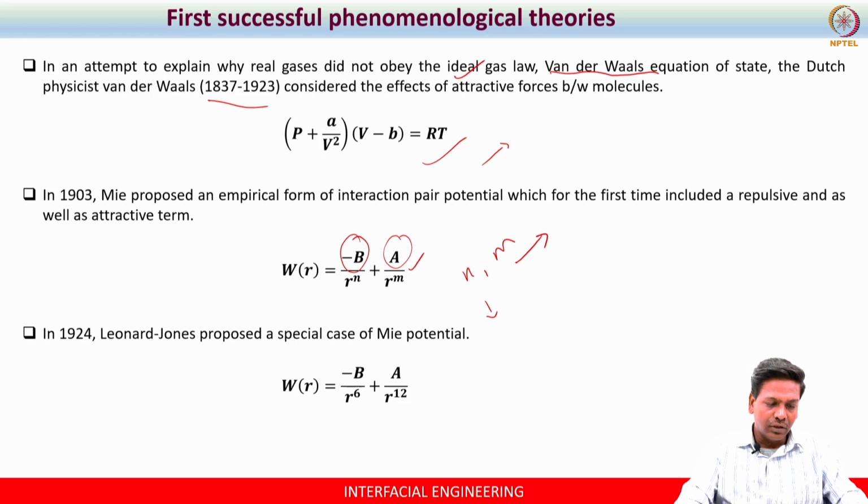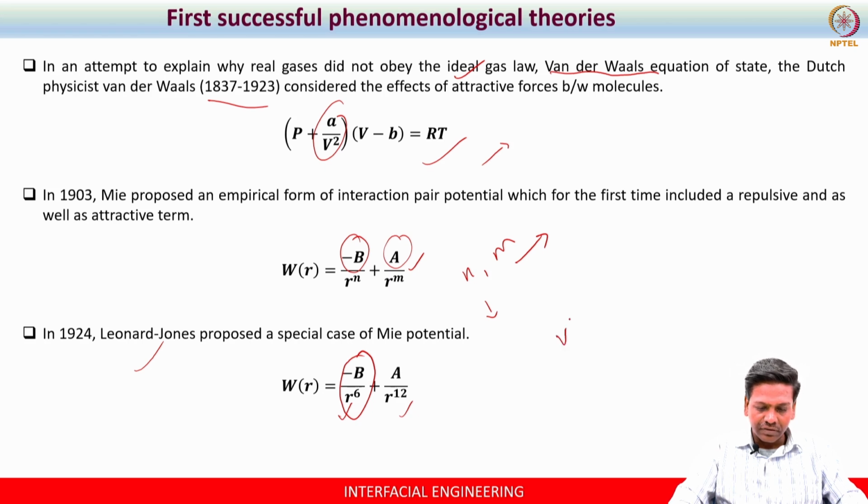Later, in 1924, Lennard-Jones proposed a special case of the Mie potential. Here, he used explicit exponents for the attractive term and the repulsive term. The attractive term, if you look at the van der Waals equation, is volume dependent, right?